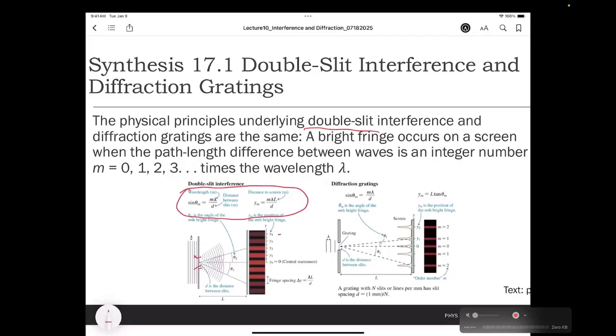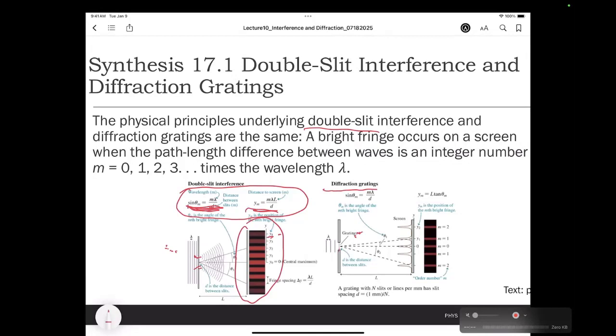Yeah, this kind of thing, and we can calculate this distance y using this equation, and we can calculate the angle using this equation. And for diffraction gratings, it's actually a similar thing. For the double slit, it's just 2 slits. For a diffraction grating, there are multiple, more than 2.